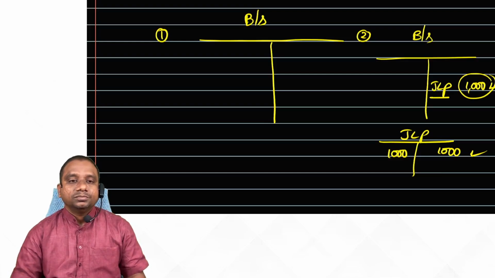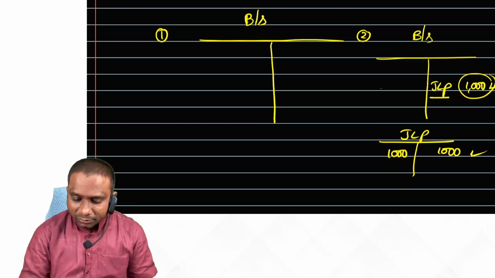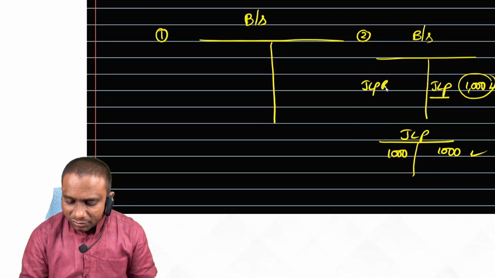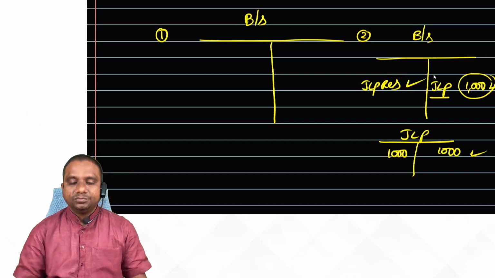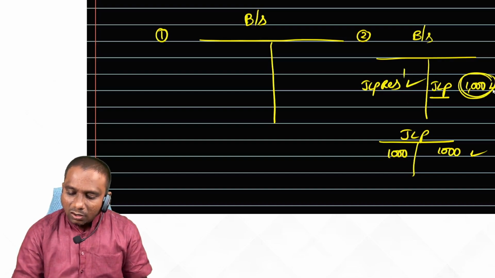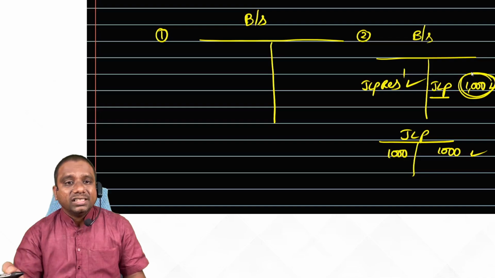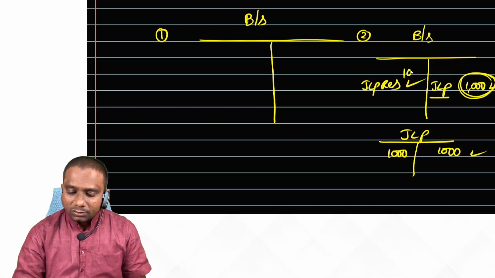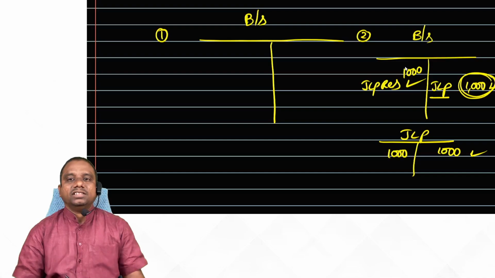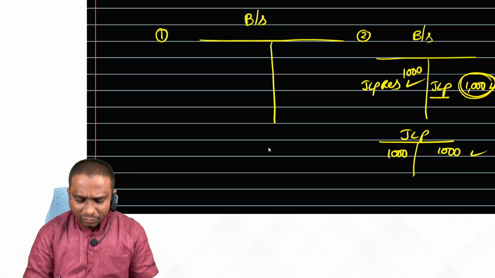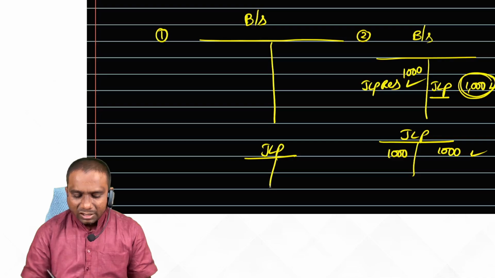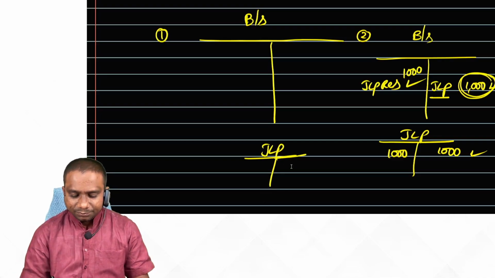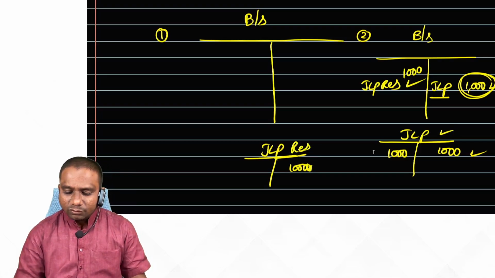That's it. When JLP reserve method, here JLP reserve we are maintaining. Means whatever the balance in JLP we have, the same amount we also maintain in the reserve. Now what we have to do? When a partner retires, JLP account contains 1000 rupees balance.